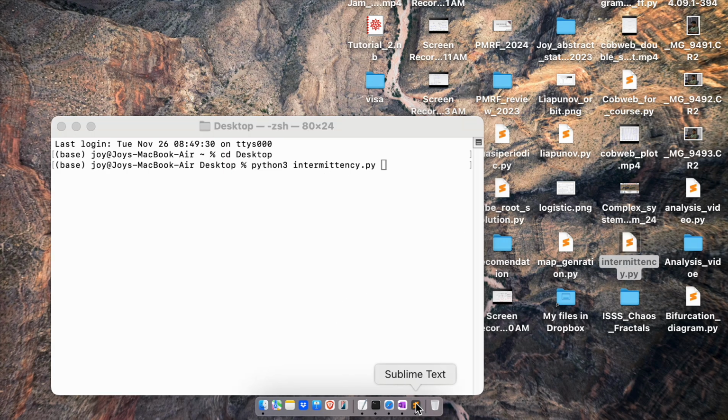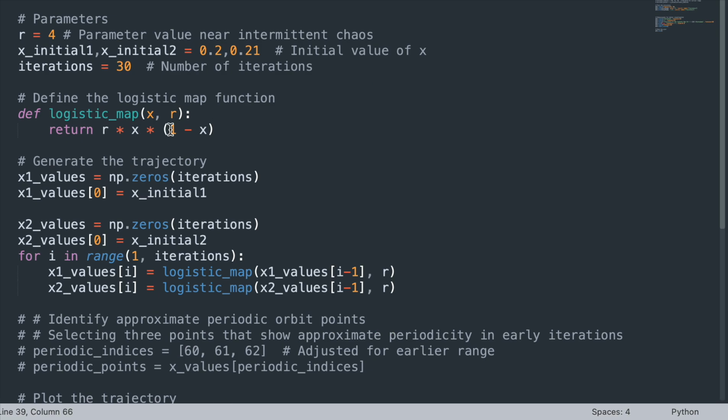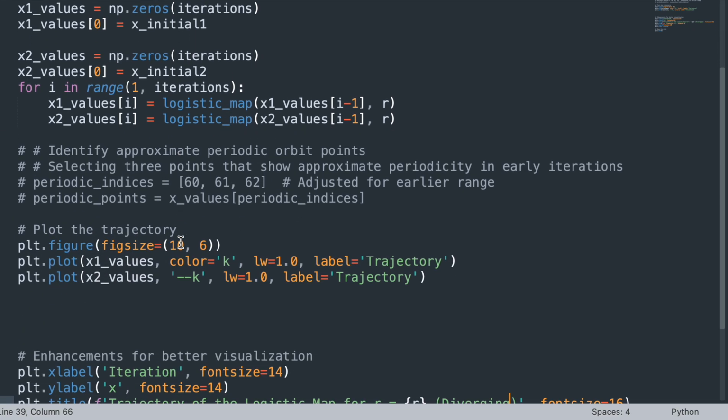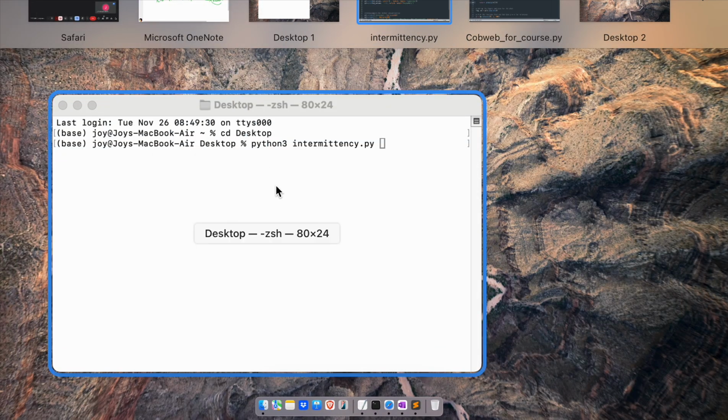So let me open this code where I have written. It's very simple code. Let's start from two initial conditions, 0.2 and 0.21, and I am noting down only 30 iterations. I am iterating these two initial conditions, and I will plot these two. Let's see what we see.